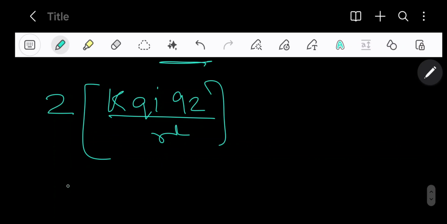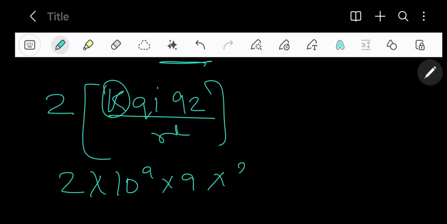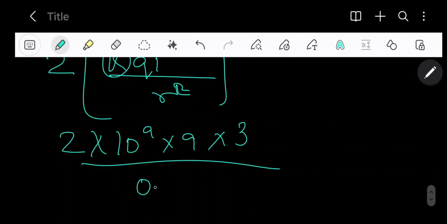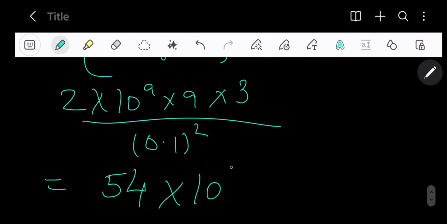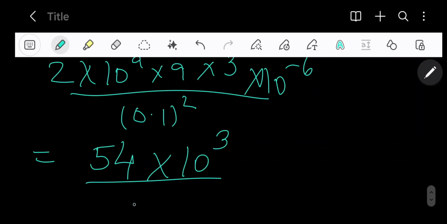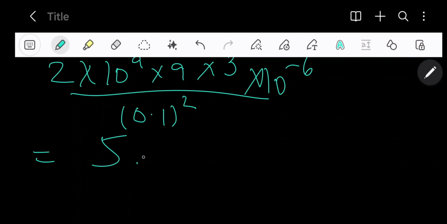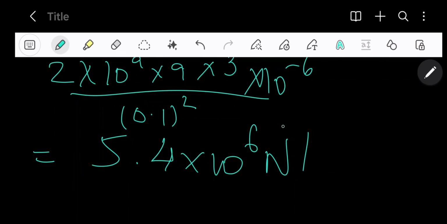That will be 2 into 9 into 10 raised to 9, K, and then Q1 is 3, by R square, that is 0.1 the whole square. 6 9s are 54, into 10 raised to... basically 5.4 into 10 raised to 6 Newton per coulomb.